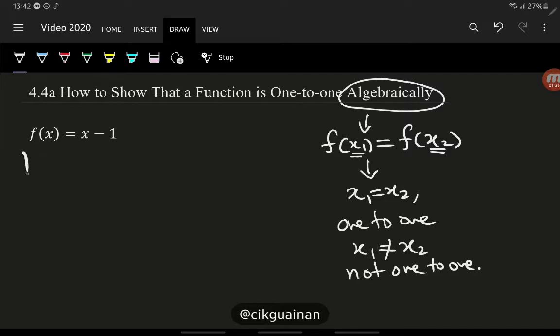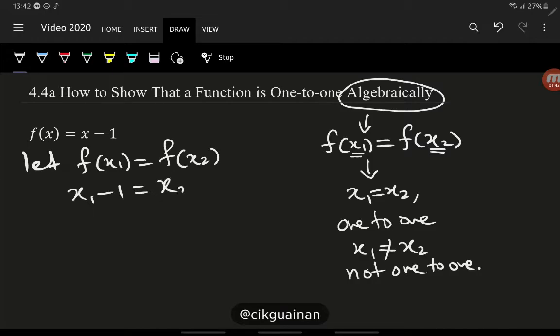So for this one we let f(x1) equals f(x2). So we have x1 minus 1 on the left hand side, x2 minus 1 on the right hand side. Now we can cancel out the minus 1, because this minus 1 can become an addition over here and then we lose it. So x1 equals x2, so we already get the conclusion.